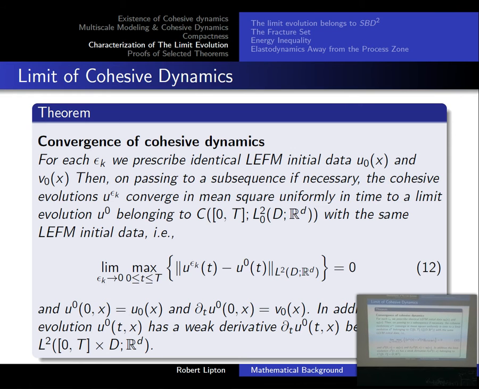So we have compactness. We have at least one subsequence of U epsilon k that converges to something. So we have a cluster point, and we could have many of them, but we have at least one.